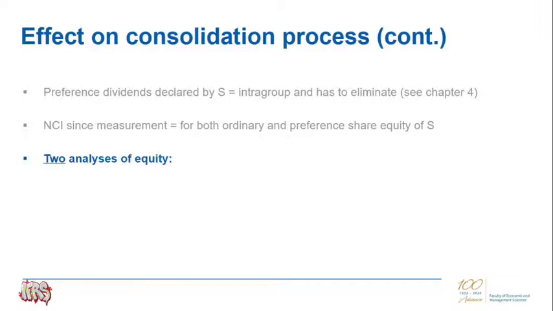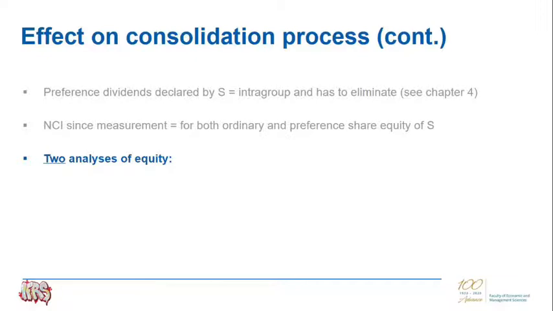And your whole purpose behind the two analyses is to take the equity of S in the TB and split that out into the equity attributable to the ordinary shares and the equity attributable to the preference shares.